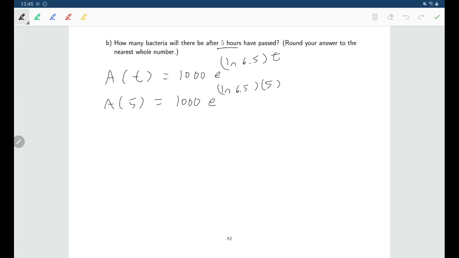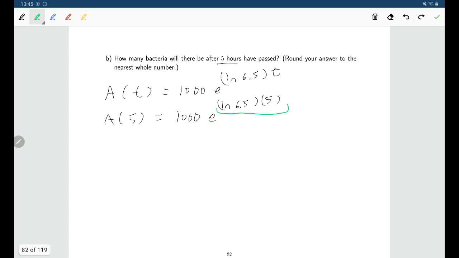One thing, just as far as the calculation side of this goes, we want to make sure, of course, that all of this is the power that's on our exponential function e to the power of. So when I'm entering this in my calculator, I'll enter it as 1000 multiplied by e to the power of, and then I'll use brackets. Natural log 6.5 times 5, close my brackets.